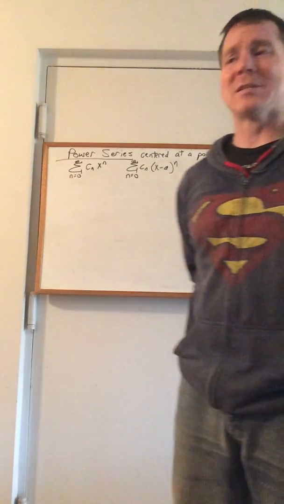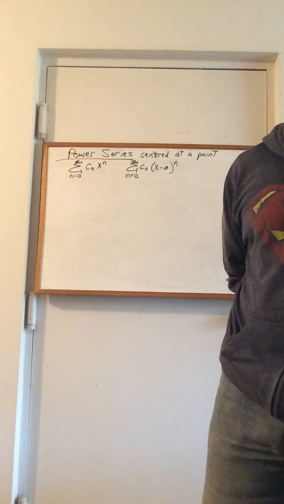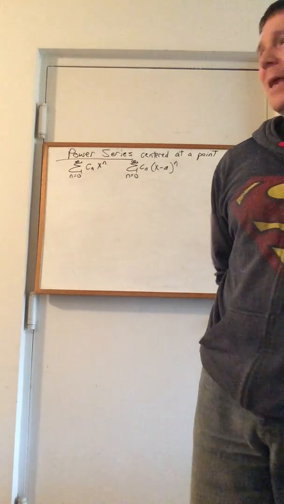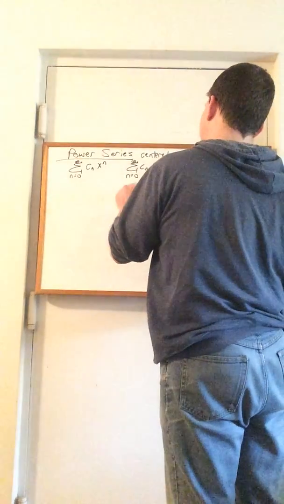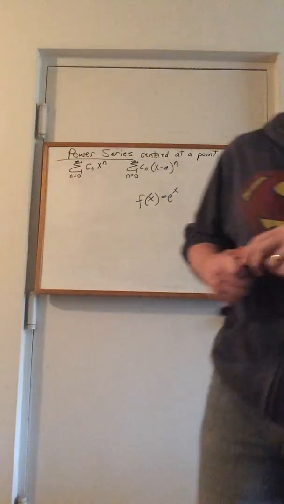Now maybe I can use a similar idea. Maybe I can approximate the value of a function around a given point. Meaning, maybe I have some function, f of x equals e to the x. And again, nowadays we can get really accurate values.